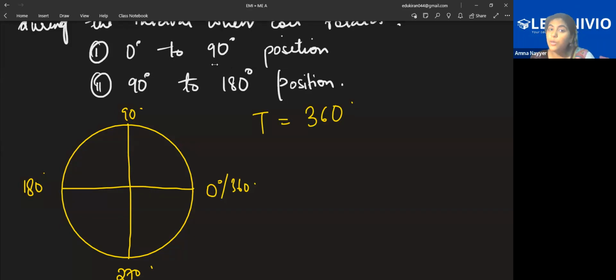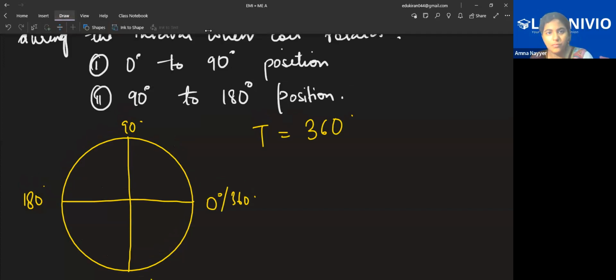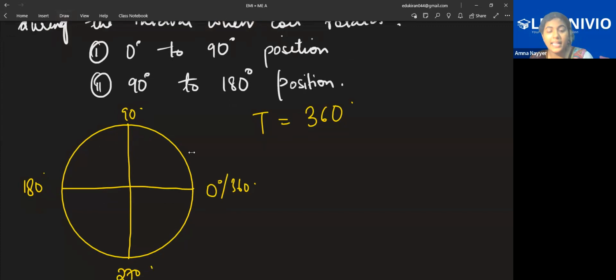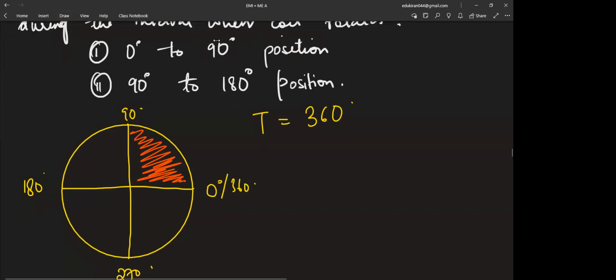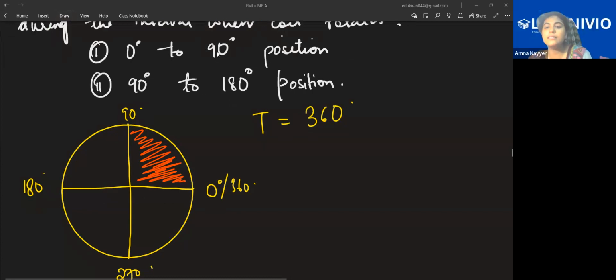Now you have to calculate for 0 degree to 90 degree position. Let's start from 0 and let's move to 90 degree. Till here means this quadrant. This quadrant, how much of a circle is this?